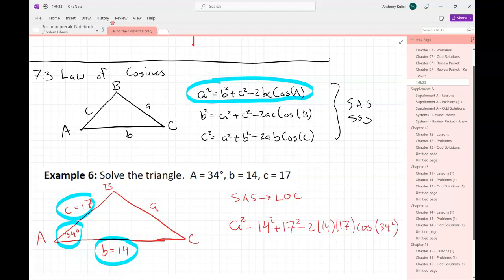So I'll go ahead and drop the values for side B, side C, and angle A into that formula. To get the A by itself, what am I going to have to do?